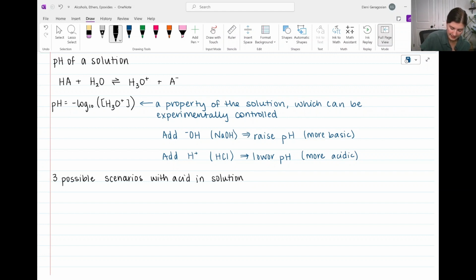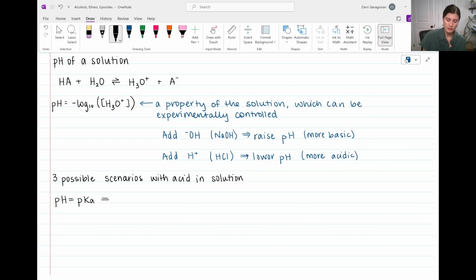So let's say you add an acid that has a pKa that's equal to the pH of the solution. So pKa is 3, the pH of the solution is 3.